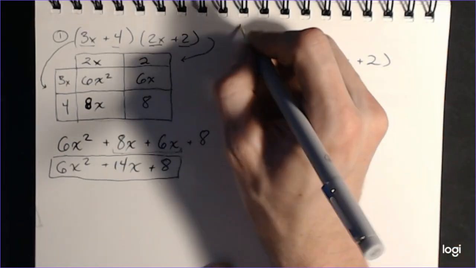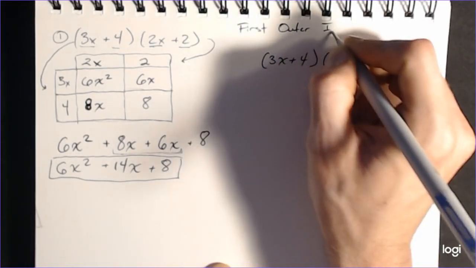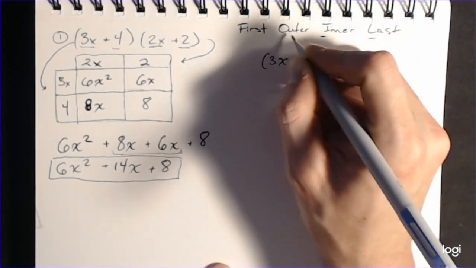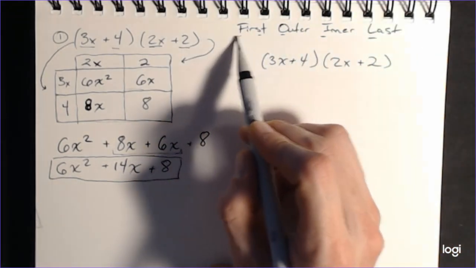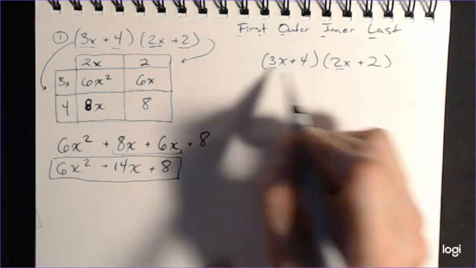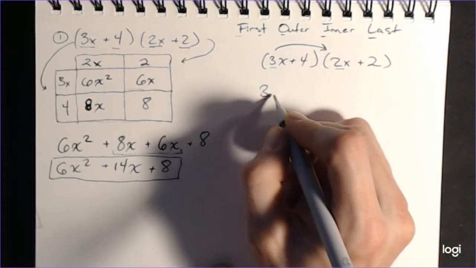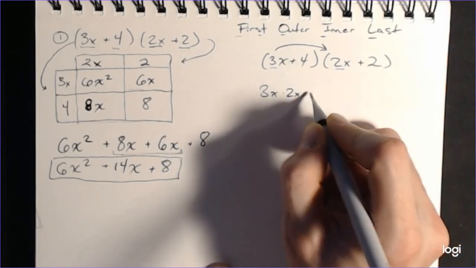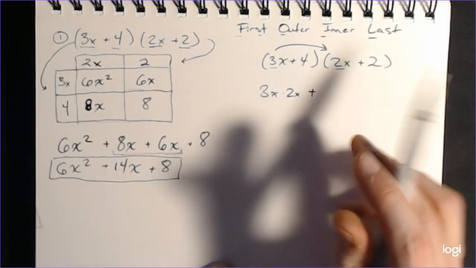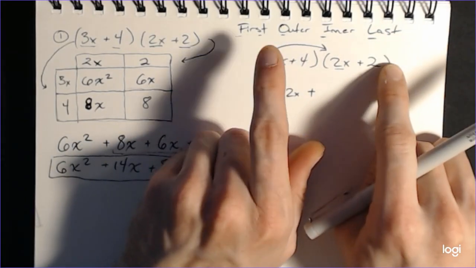So FOIL stands for first, outer, inner, last. And it's because we're going to take the first term of each binomial and multiply them together. And then we're going to take the outer terms. So this is the inside of the expression. This is the outside of the expression.